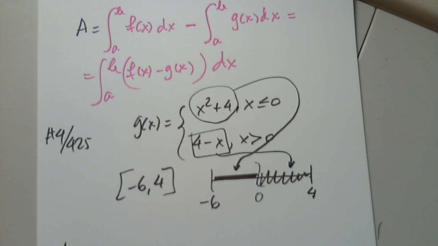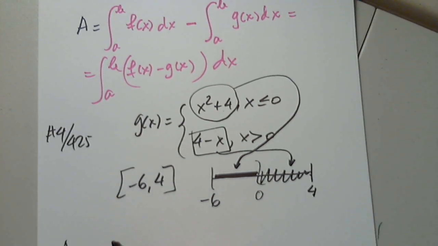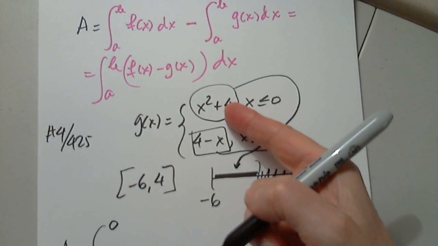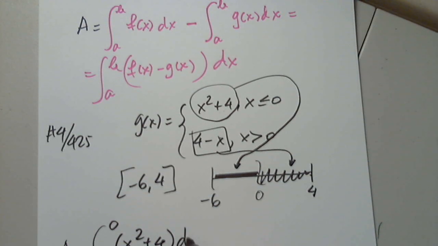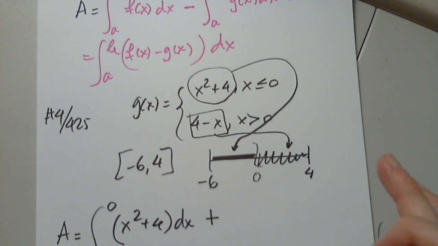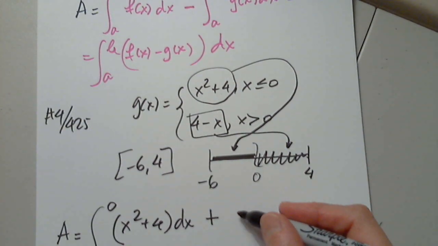Anyone? Yes, please try. If you do g of x negative 6 through 0. Very good. The definite integral from negative 6 to 0 of x squared plus 4 dx, plus, great job, plus what?